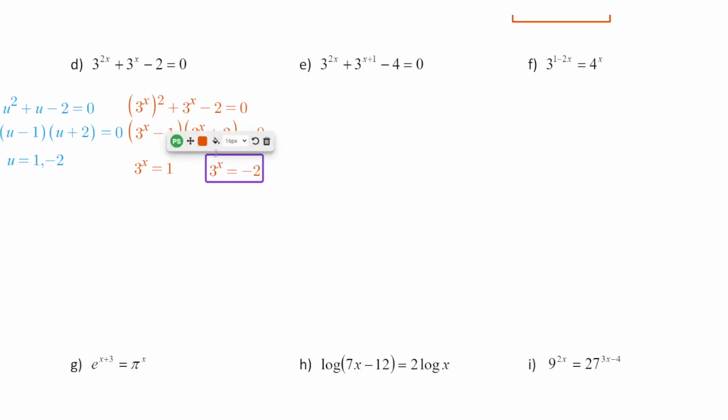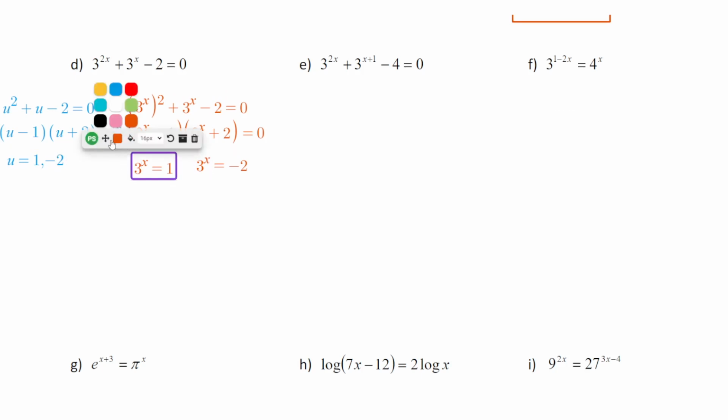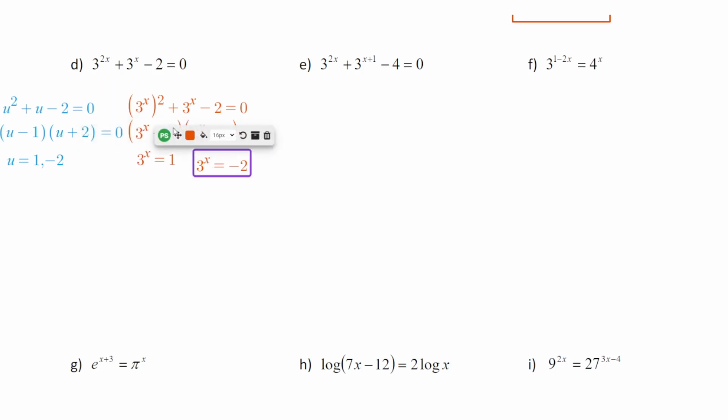Notice these are the same two numbers on the right-hand side that I got over here. Now, since we have 3 to the x and not just x, I need to continue solving this. I'm not quite done here because I need to figure out what x is.